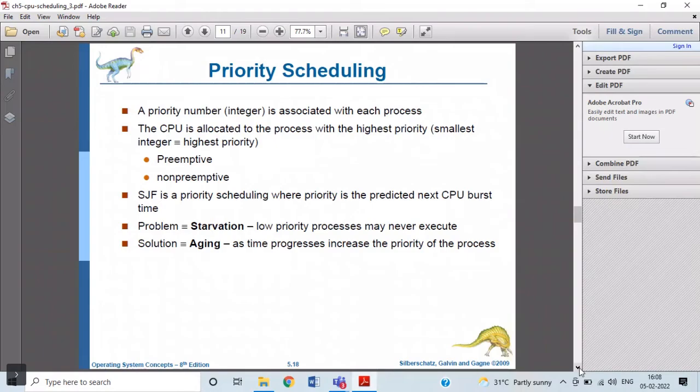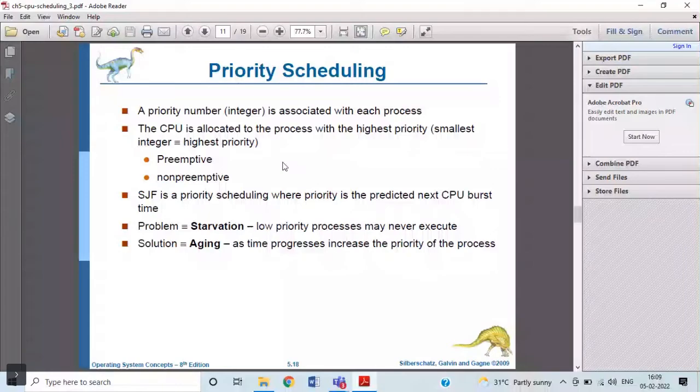Here there are preemptive and non-preemptive types. What do you mean by preemptive and non-preemptive? Preemptive means that whether or not a process completes its execution, it gives its CPU control to the next process.